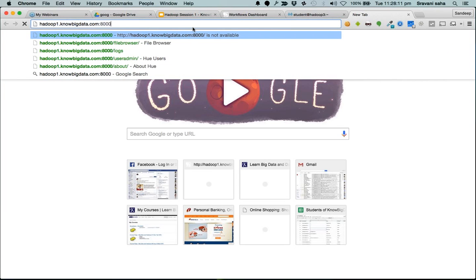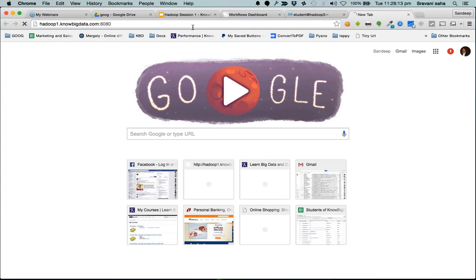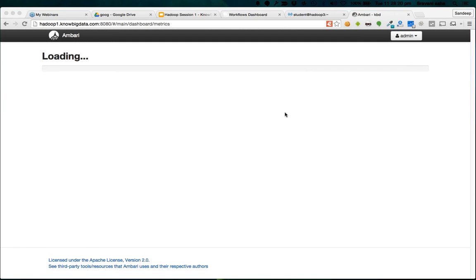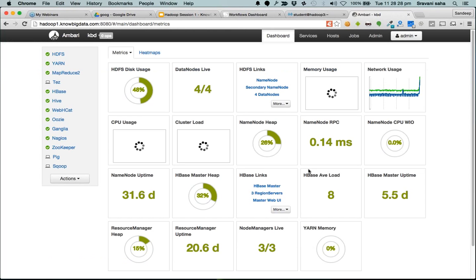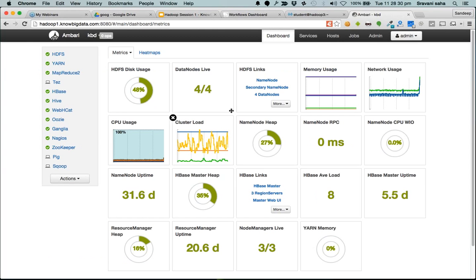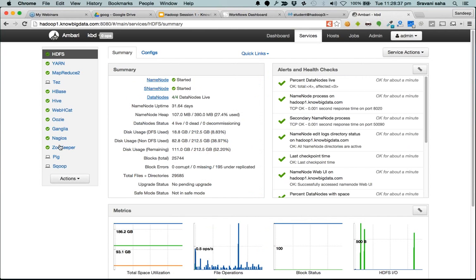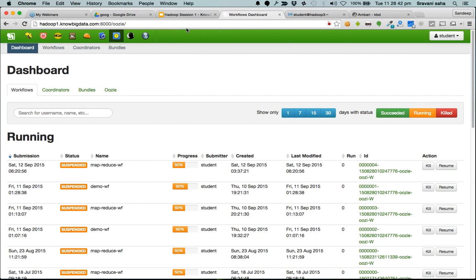So you can see we use a tool called Ambari to monitor our full network. You can see that this is the status of my cloud labs, and these are the various tools installed.